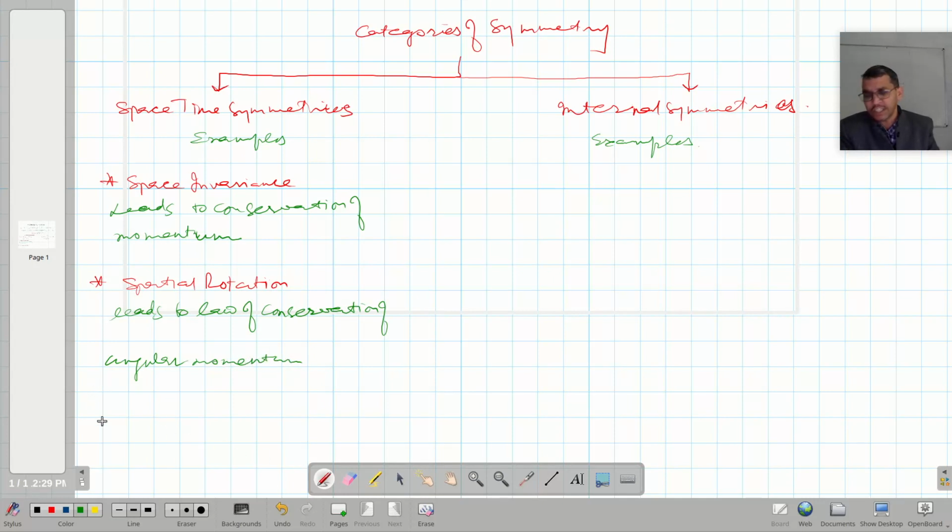Another one is translation in time. So space invariance is also related to translation in space, this is related to rotational translation, and this is the translation in time, and this leads to energy conservation.